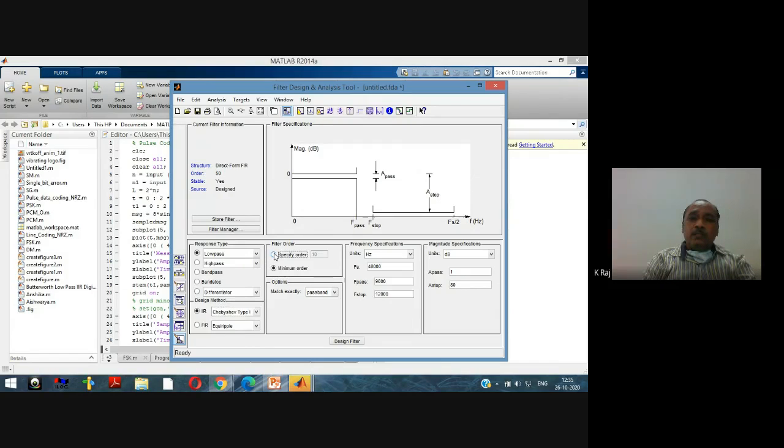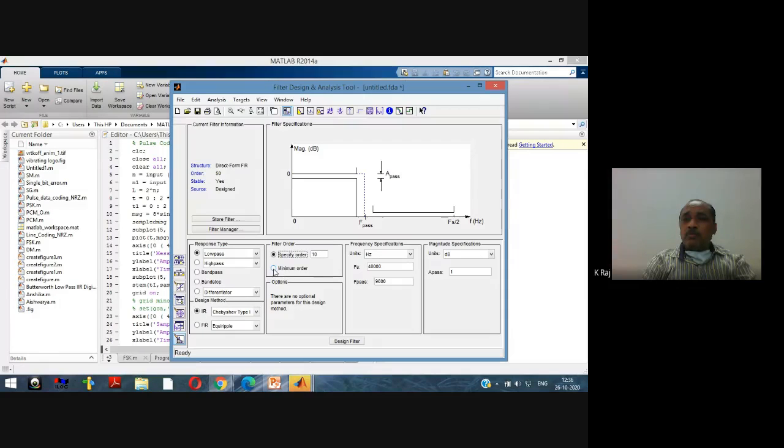Now see, if we specify the order here, then in the frequency specification only two frequencies have to be described, Fs the sampling frequency and the pass band edge frequency, because during the calculation of the order we have utilized the other frequencies, like the stop band edge frequency.